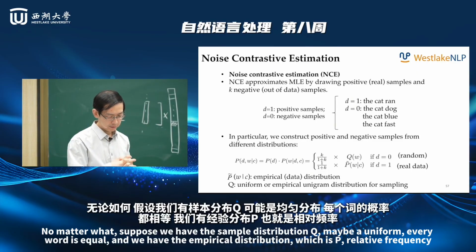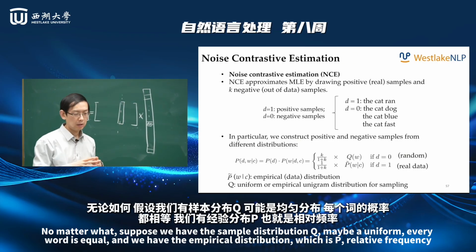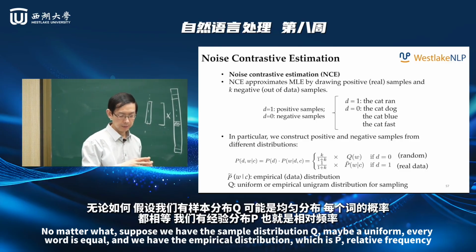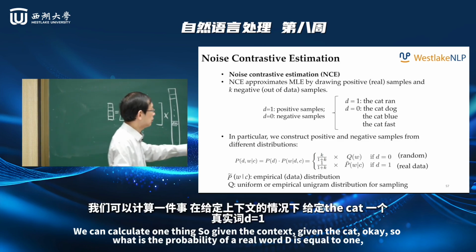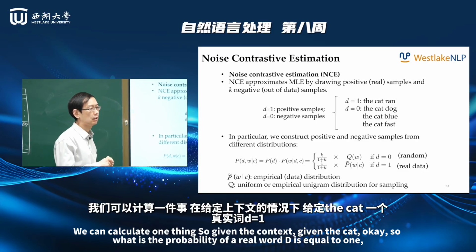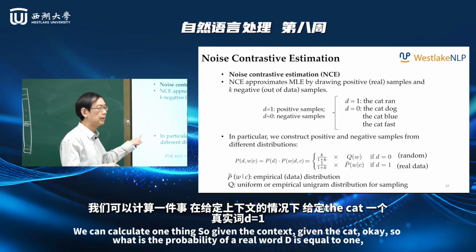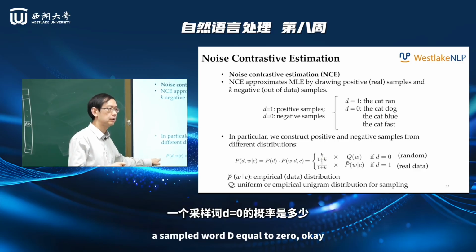No matter what, suppose we have the sample distribution Q, maybe a uniform, every word is equal. And we have the empirical distribution, which is P, relative frequency. We can calculate one thing. Given the context, given the cat, what is the probability of a real word D equal to 1, a sampled word D equal to 0?